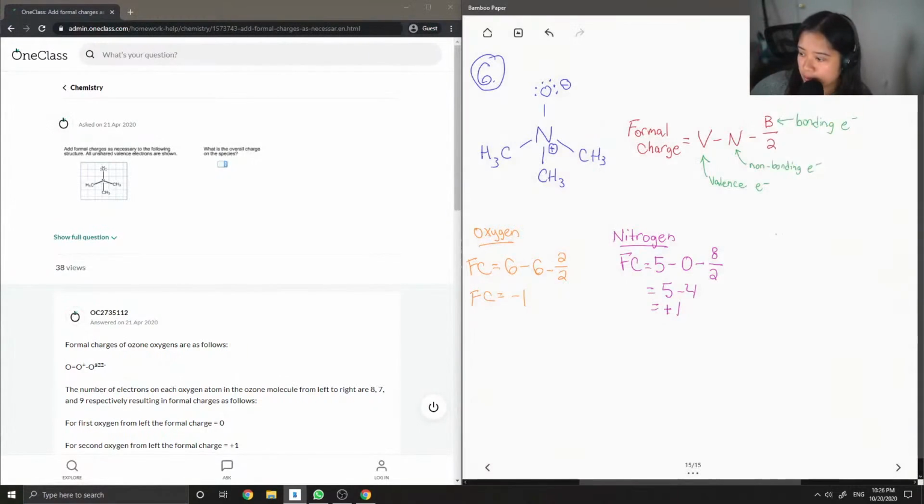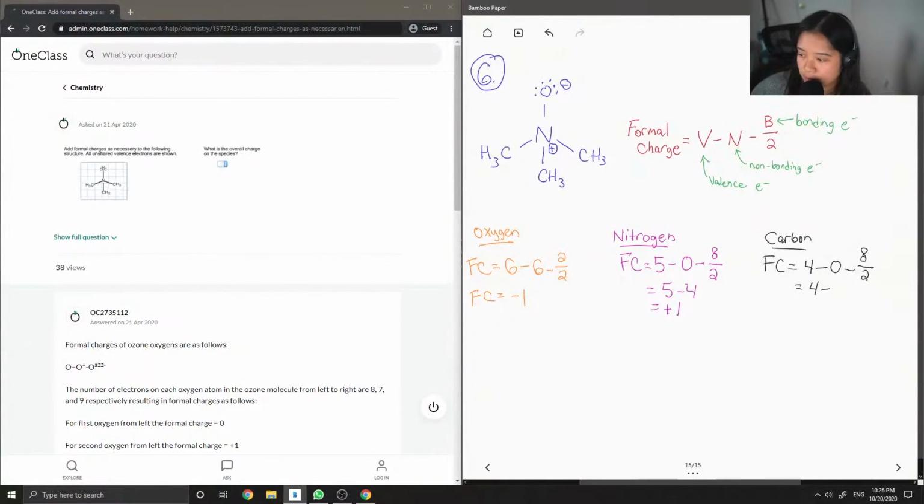But I'm also going to do the formal charge of carbon, just for good measure. So for carbon, there are 4 valence electrons. There are no non-bonding electrons. And then the number of bonds to carbon are 4, so there are 8 bonding electrons involved, divided by 2.